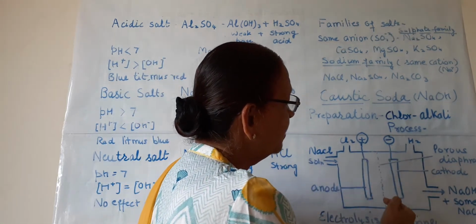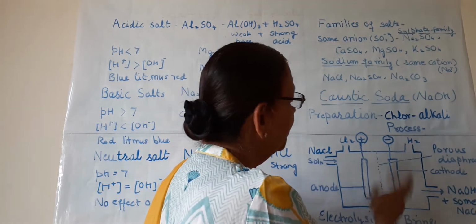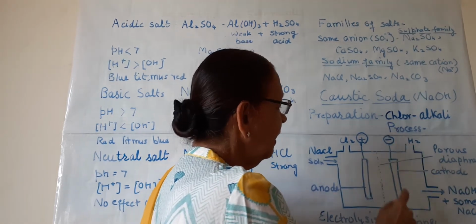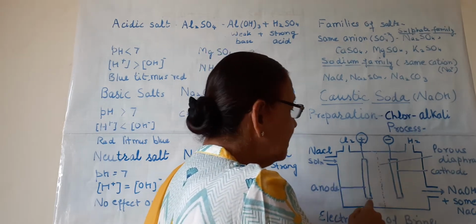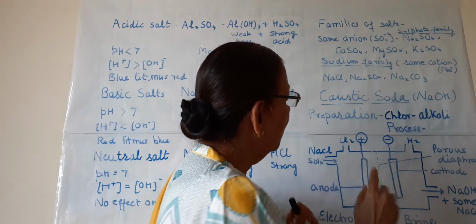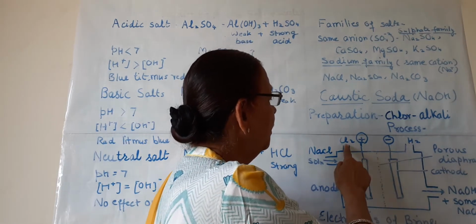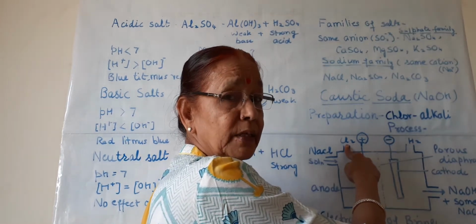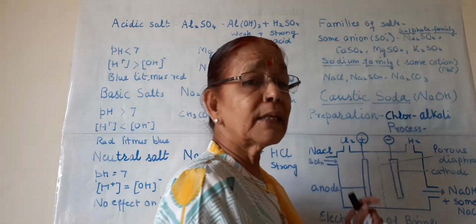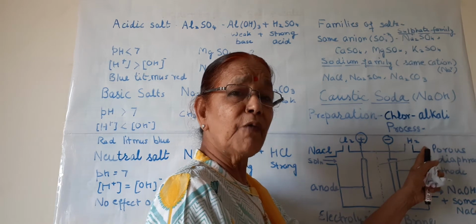This is a porous diaphragm, and what happens? The reactions take place. Electricity is passed, and water is there. NaCl is there. All the ions are dissociated, and what happens? On this anode, chlorine gas is liberated, and on this cathode, hydrogen gas is formed.